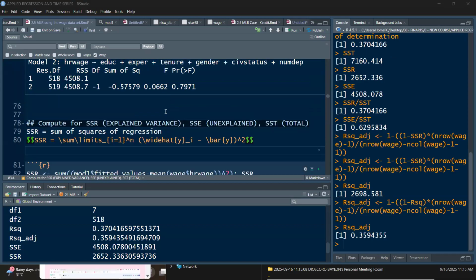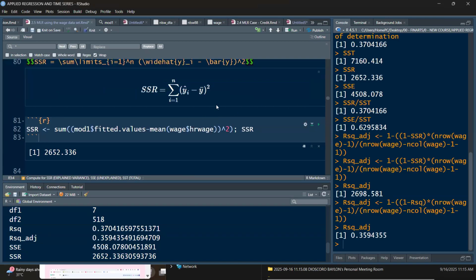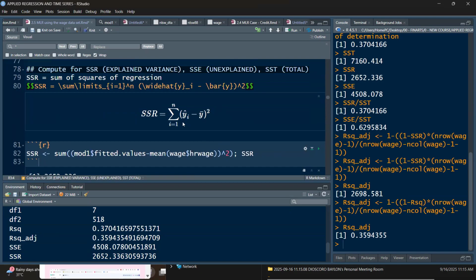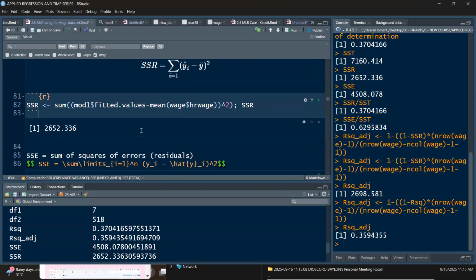So, SSR, class. You're getting the difference between your predicted value and your mean, and then we square that and get the sum. We should be getting 2752.336.